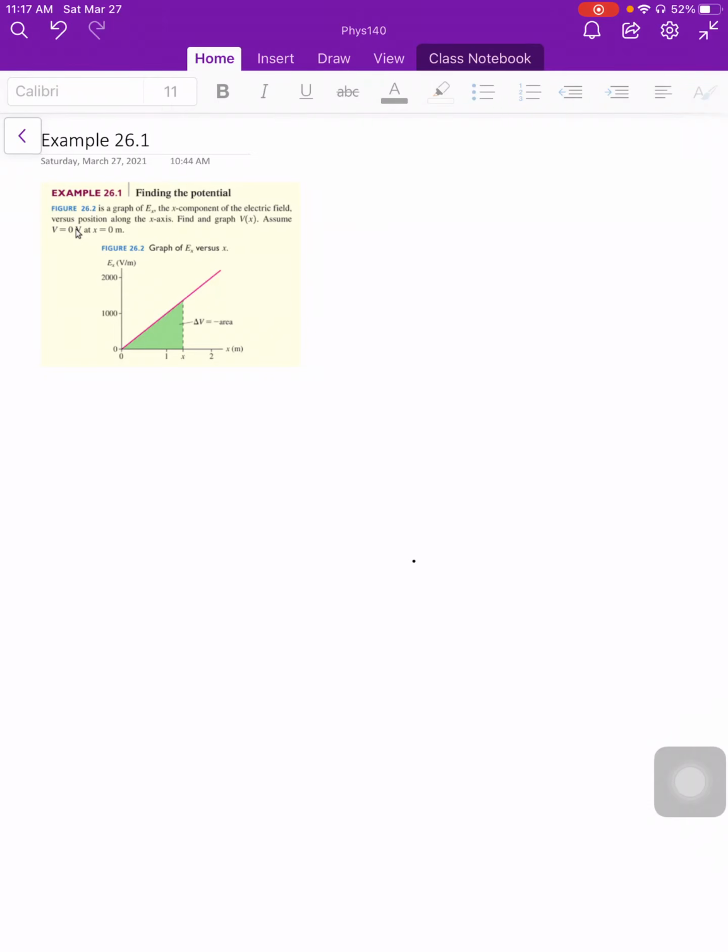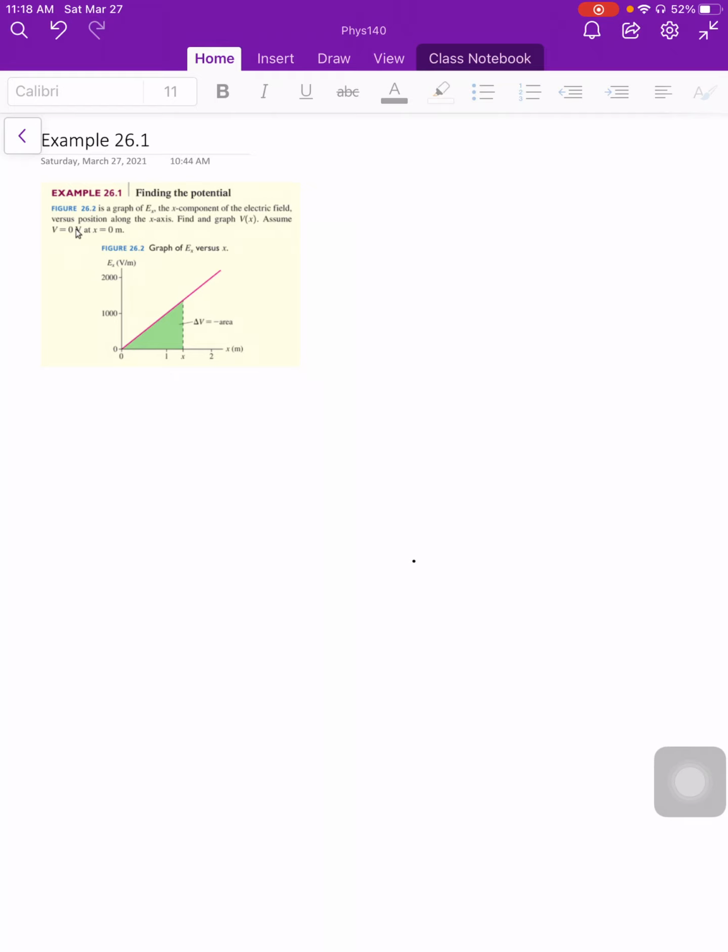In this example, we need to find the potential given this electric field in the graph. We see that the electric field in the x direction is linear, and we need to figure out the potential and draw a graph of it, and we know that V equals 0 at x equals 0.